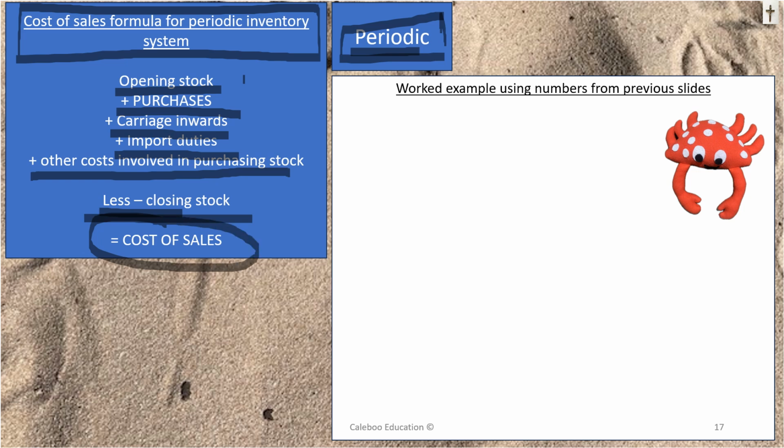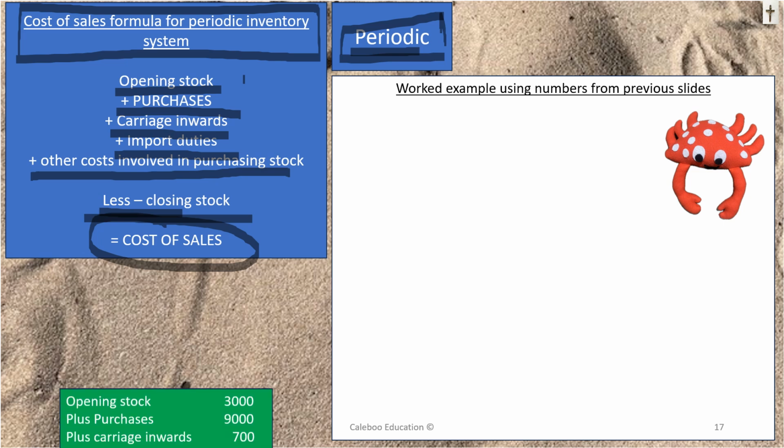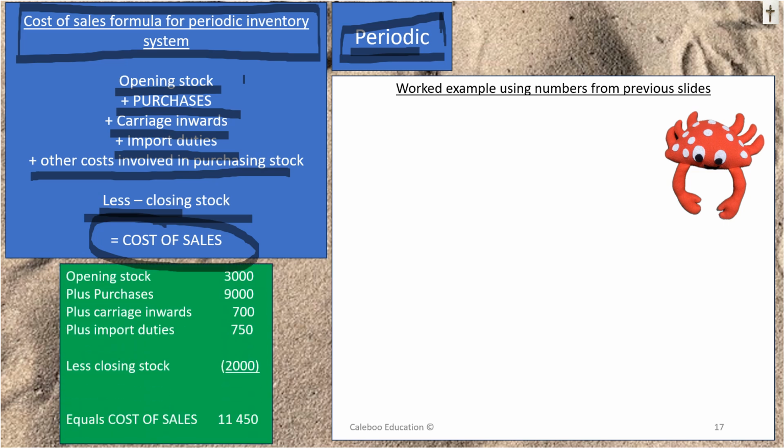So maybe let me just give you an example with numbers that I've made up. To calculate cost of sales, we get the opening stock, we add the purchases made, we add carriage inwards, we add import duties, we do a stock count, and we subtract from this number here. If you add those all up, you subtract the value of the closing stock, calculated by doing a stock count, counting everything on the shelf at cost price.